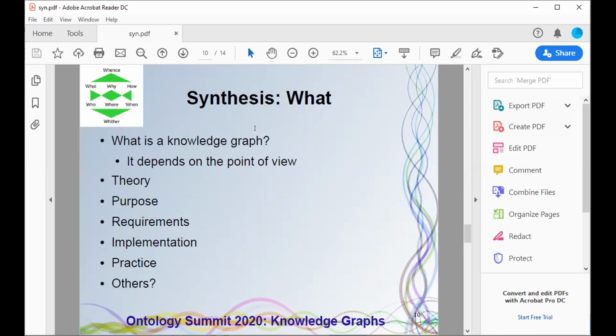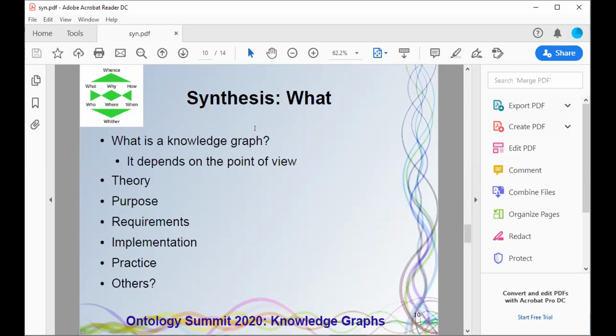Then you could look at it from practice, which we haven't looked at too much yet since the use case track hasn't started. But hopefully we will be seeing a number of interesting use cases that will start to give us a better feeling for what use cases are in practice. And there could be still other points of view.